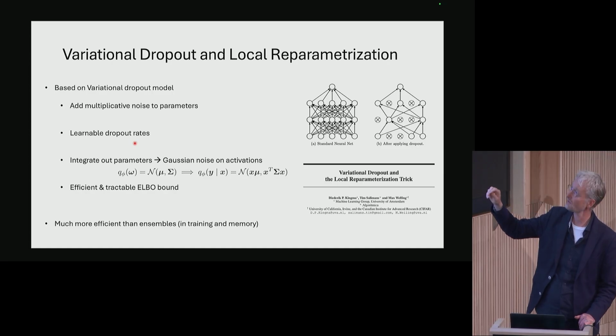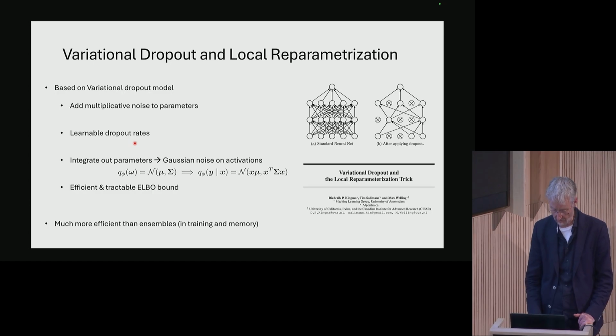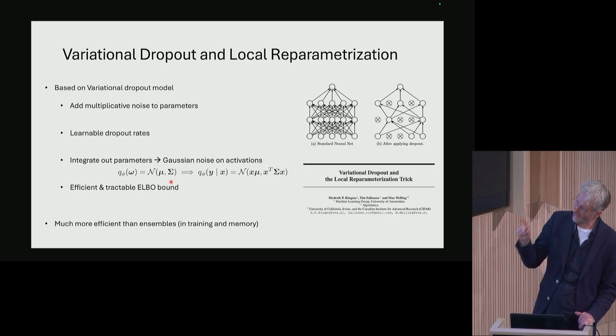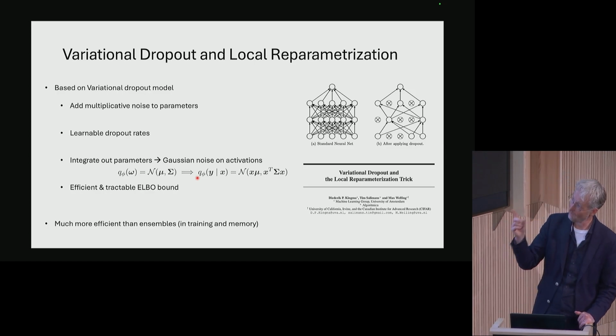The dropout rate can depend on the layer, on the time, on many things. It's a neural network that determines the variance of the noise that you multiply with. And finally, an important trick is that we're not going to actually add noise to the parameters. You can integrate out the parameters and multiply the noise on the activations.